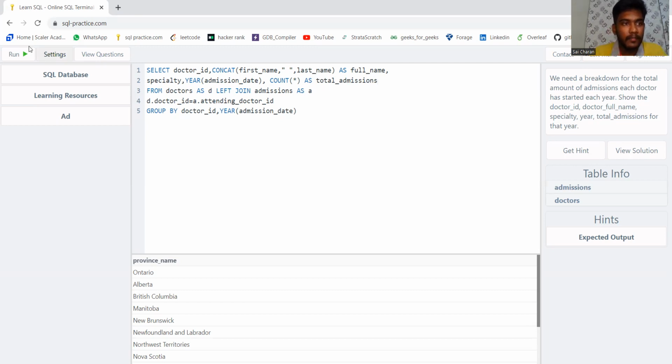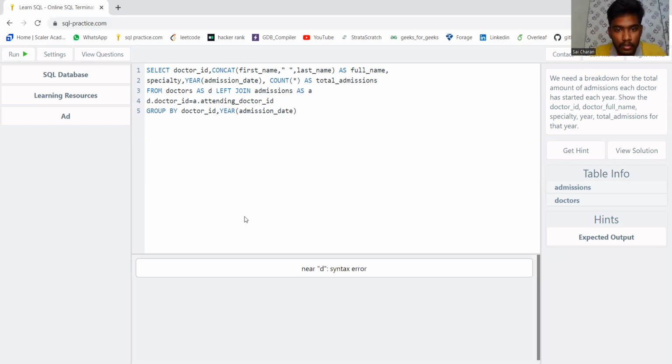Let us check this query. There is some syntax error, where is it?